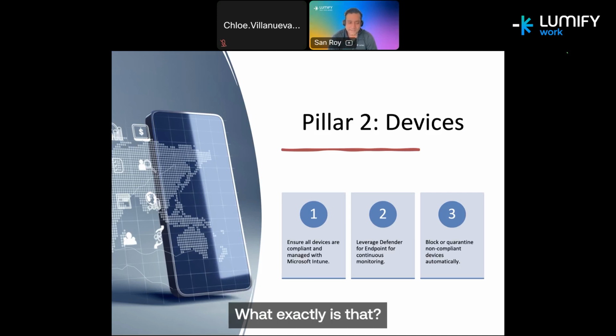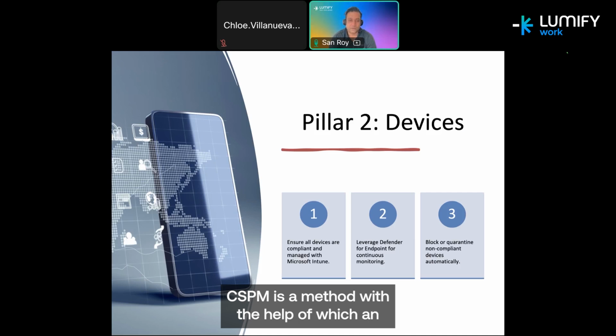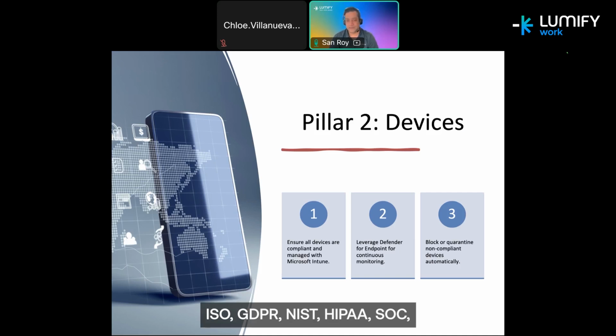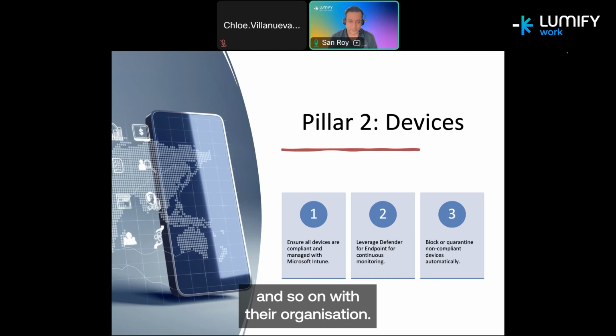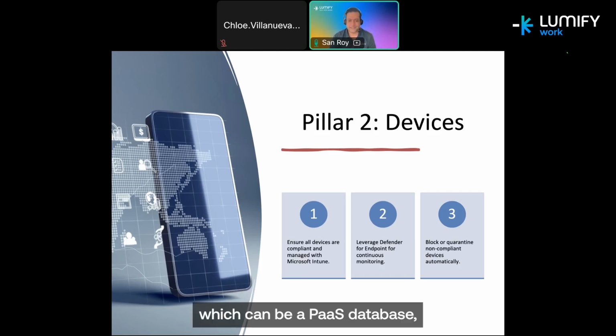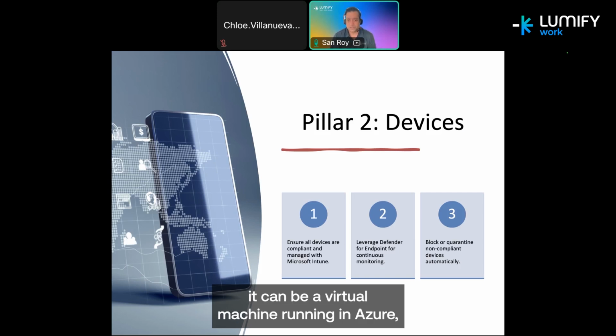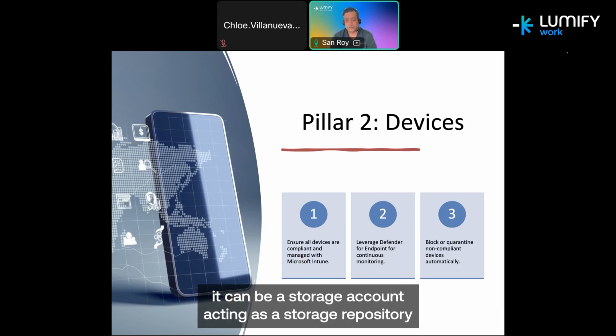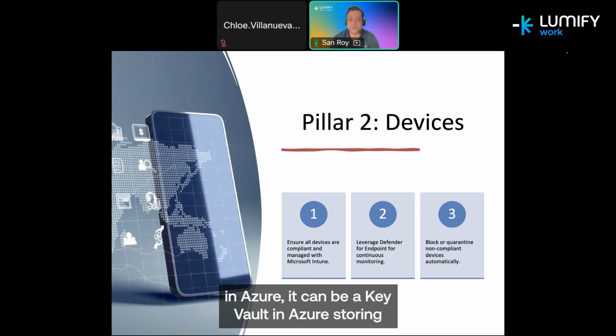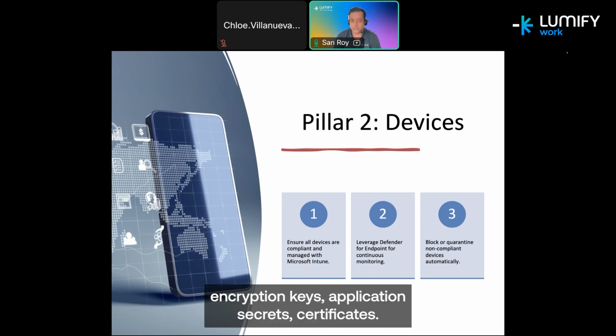What exactly is that? CSPM is a method with the help of which an organization can link compliance standards like ISO, GDPR, NIST, HIPAA, SOC, and so on with their organization. And the resources hosted in Azure, which can be a PaaS database, a virtual machine running in Azure, a storage account acting as a storage repository in Azure, a key vault in Azure storing encryption keys, application secrets, certificates.